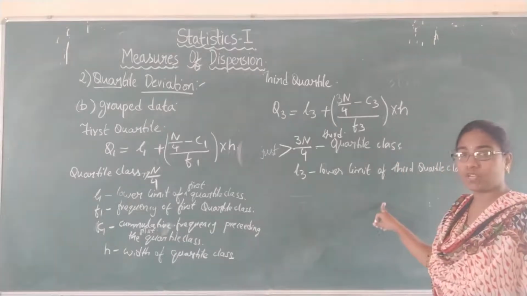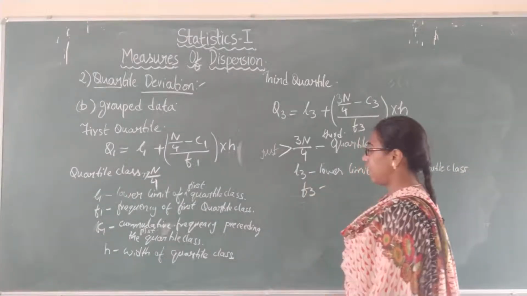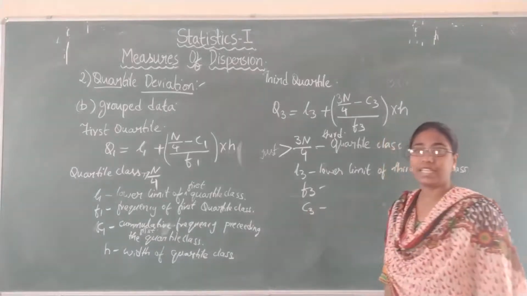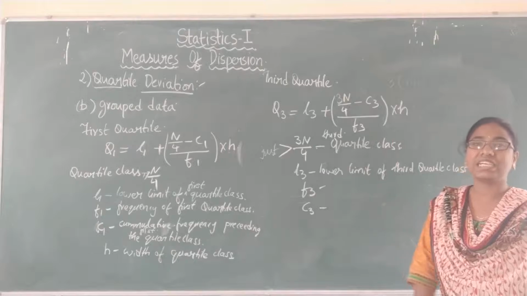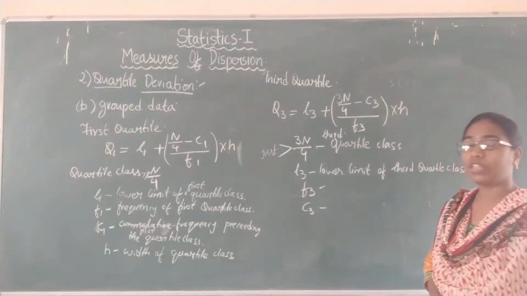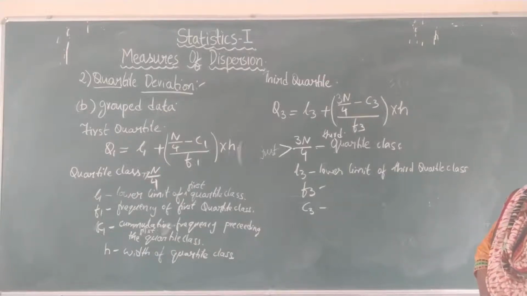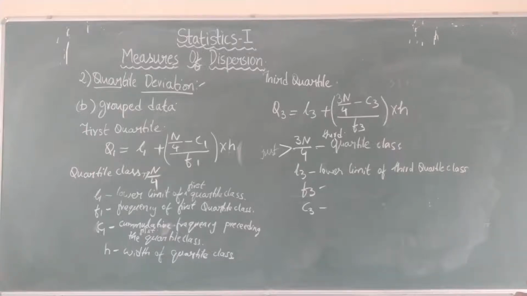The corresponding frequency of the third quartile class is called F3. And similarly, what is C3? C3 is the cumulative frequency preceding the third quartile class. And similarly, H is the width of the quartile class, which can also be called the class interval.